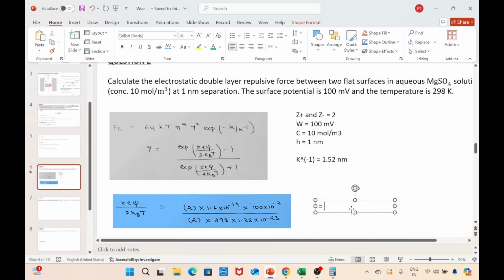If you calculate, did anybody calculate the value of Ze psi by 2 kBT? Any answers?